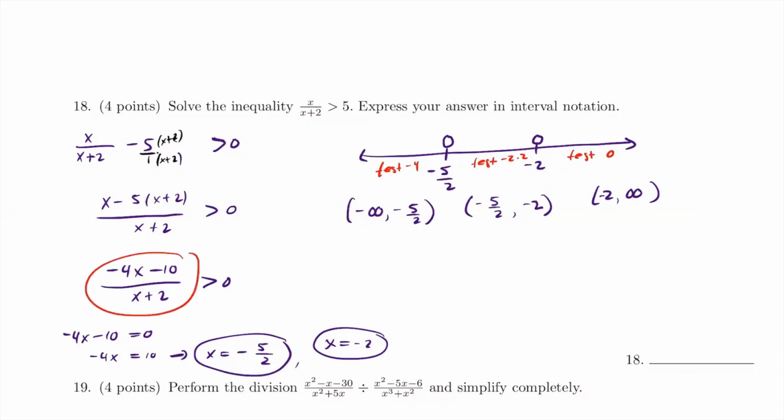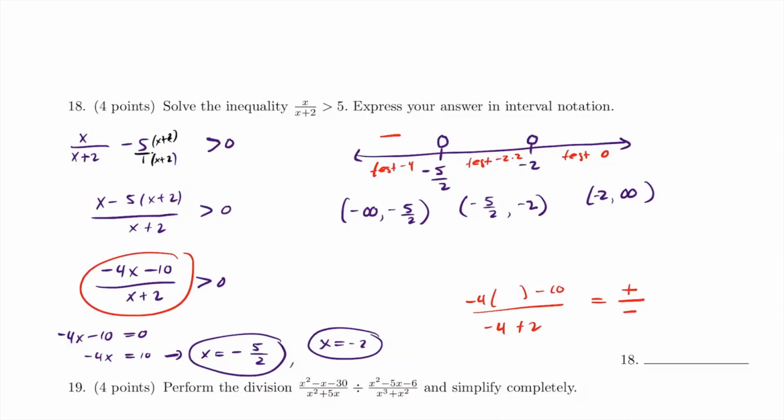It's easier to work with. So you have negative 4 minus 10 over negative 4 plus 2. So the top is positive, the bottom is negative, so the ratio is negative. Now we do the same thing for negative 2.2. Let's plug it in here. So we have negative 2.2.